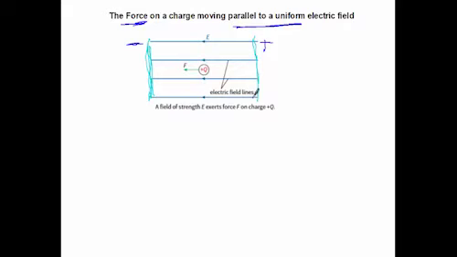Two plates are parallel to each other, so a uniform electric field will form between them. The direction for the electric field, as we know, is from positive to negative. This is the direction for the electric field. So as you know, if at any point here we put a positive charge, the positive charge will move towards the negative plate. So this will be here the direction for the electric force.